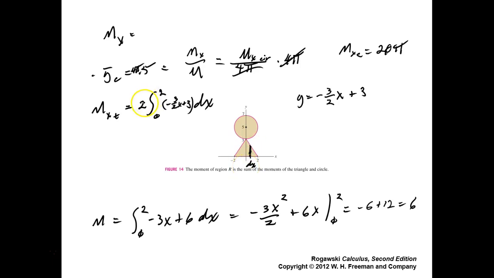So you would do a half, which wipes out the 2, and square that. Right? That's what we need to do. Okay? So this is the integral from 0 to 2 of, ugly but doable, what is it?